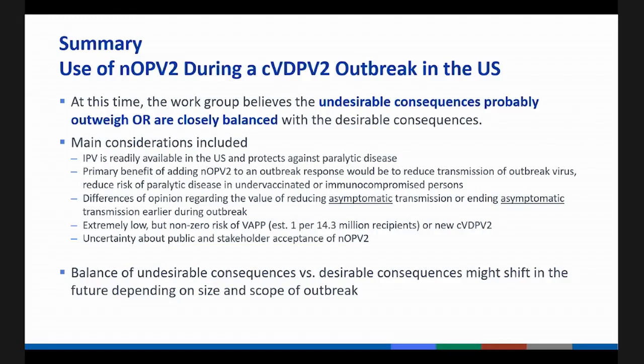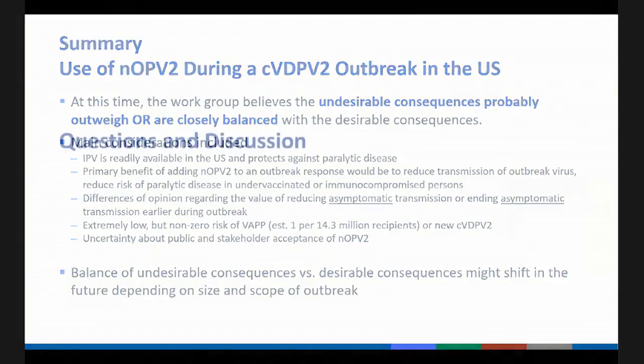There were differences of opinion regarding the value of reducing asymptomatic transmission or ending asymptomatic transmission earlier during an outbreak. The work group was concerned about the extremely low but non-zero risk of VAP, or a new vaccine-derived poliovirus. And there was uncertainty about public and stakeholder acceptance of a novel OPV2 vaccine.